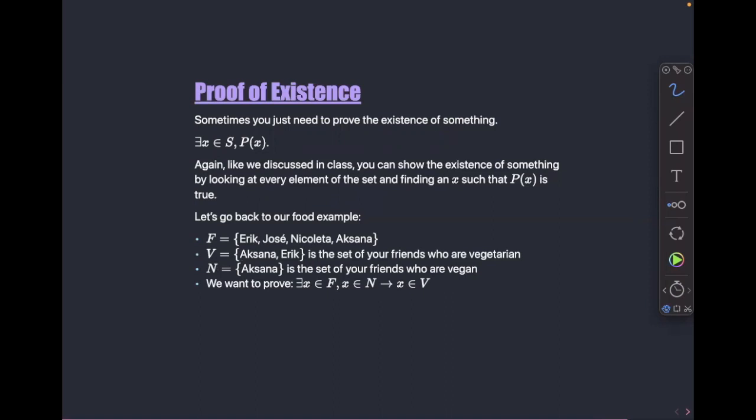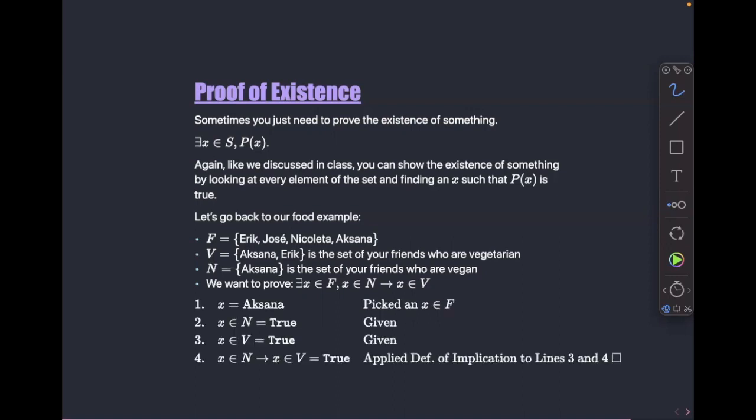In that case, I just literally say, okay, we know this is true because if we plug in Oksana as our x, then x in N is true because right there, and x in V is true because it's defined right here. And therefore, x in N implies x in V evaluates to true.